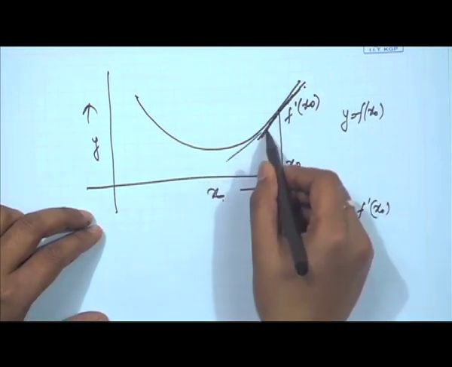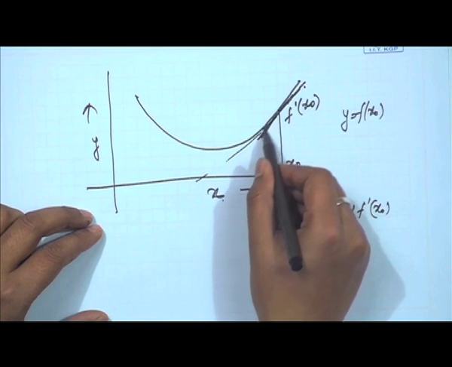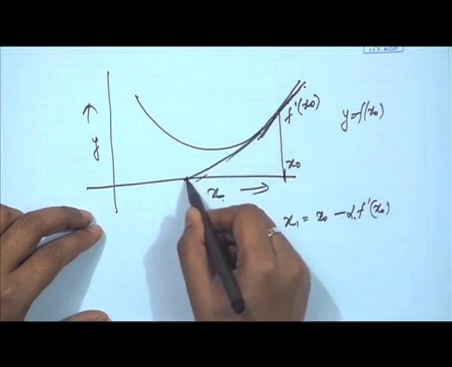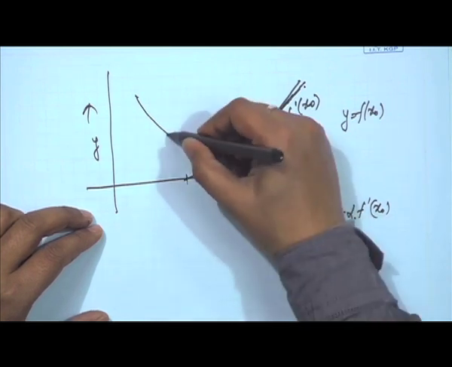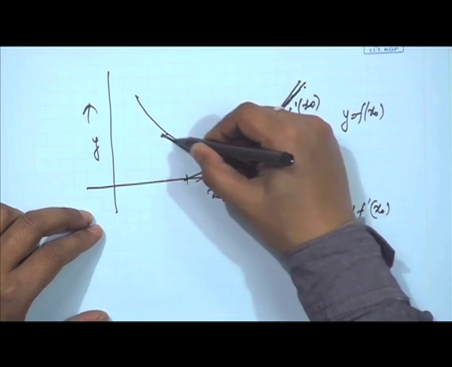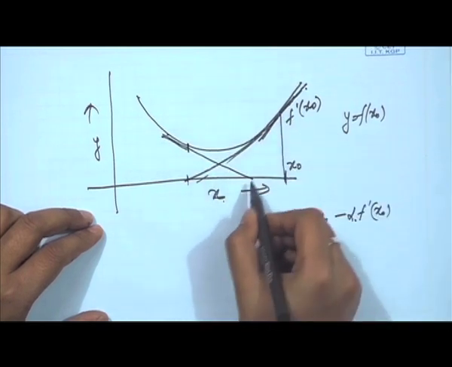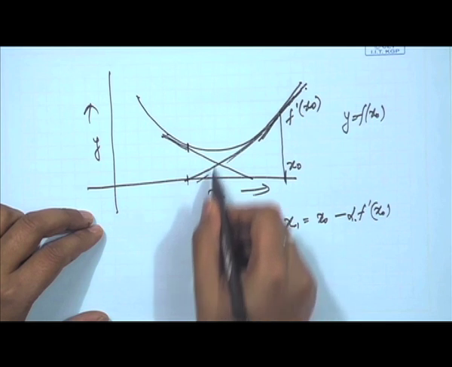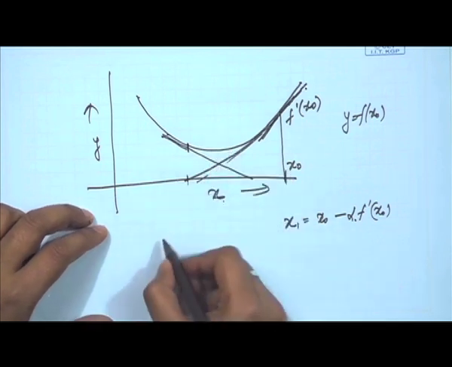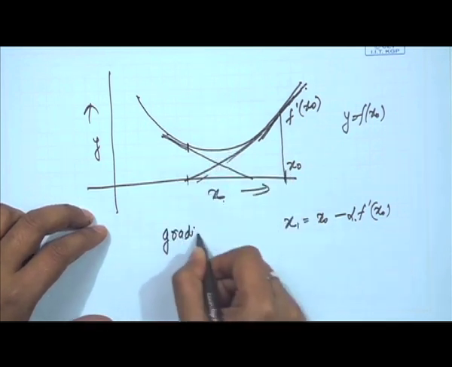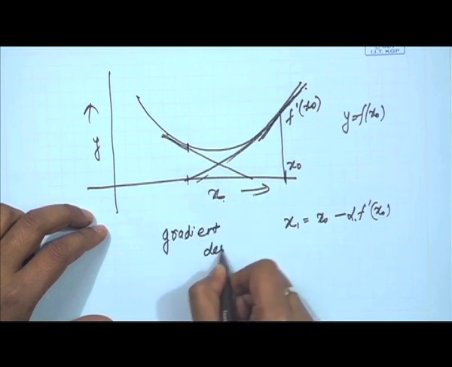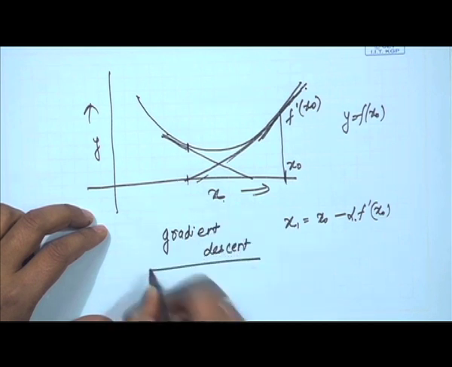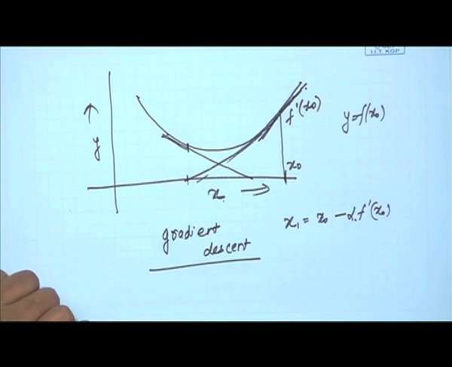So you go somewhere, again you find the gradient, suppose you are at this point. So now your gradient will point you to this direction, so you will try to go in this direction. Again gradient will point you some direction, and finally you will converge. So this is a very simple idea of gradient descent, but I will suggest that you have a look at what is actually gradient descent.